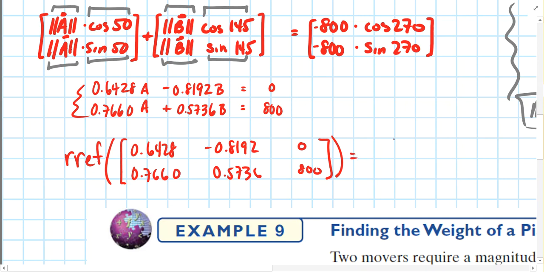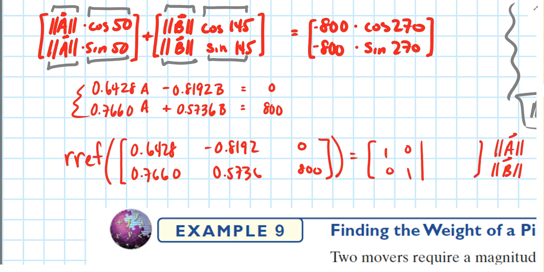And what we would like to see as a result that produces the reduced row echelon form is ones down the diagonal on the left-hand side, and the solution, the numerical components on the right-hand side, will represent the magnitude of A and the magnitude of B.